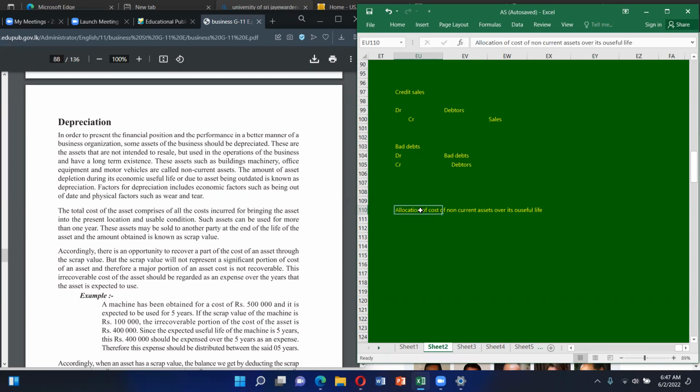Depreciation is allocation of cost of non-current assets over its useful life. Okay.